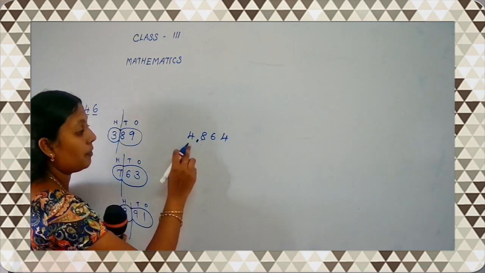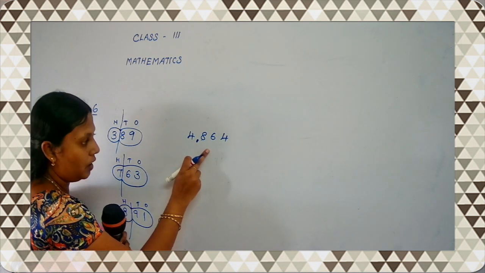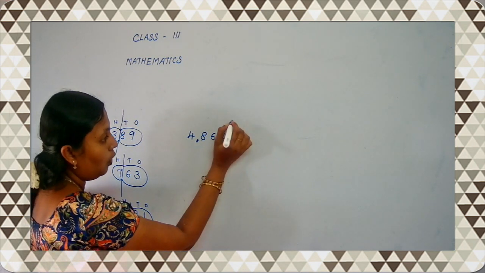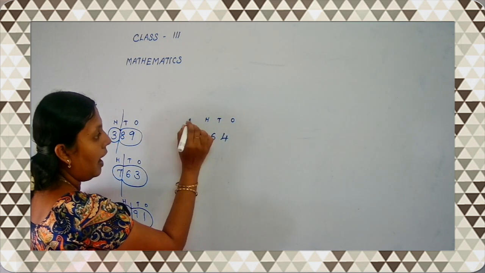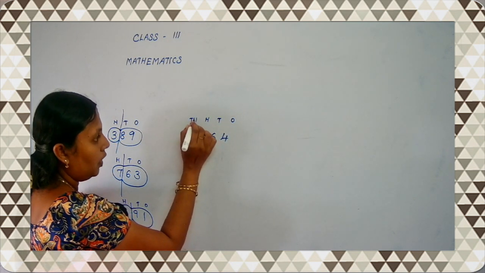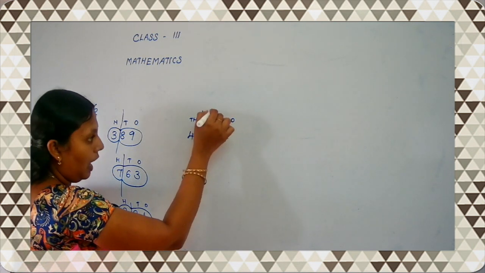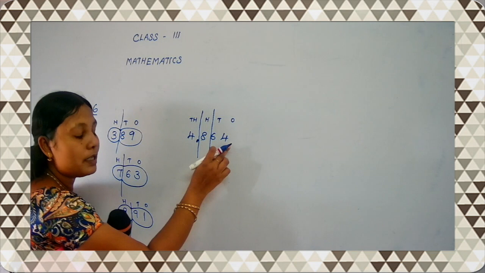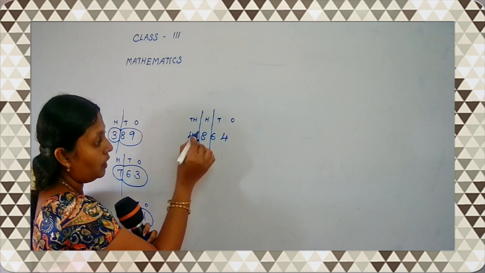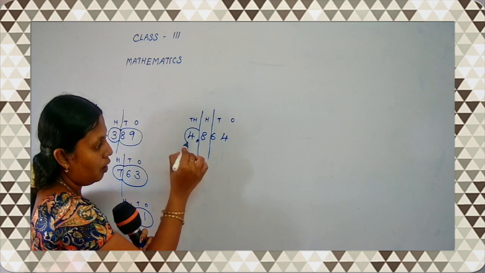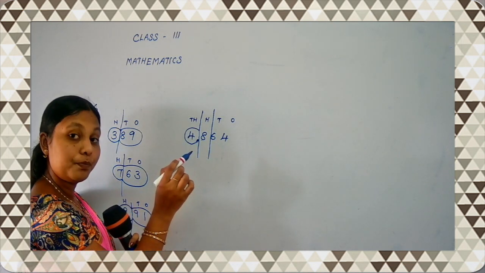So now we read ones, tens, hundreds and thousands. First you read thousands separately, hundreds separately, and ones and tens together. How many thousands are here? 4. Yes, 4000. How do you read this number?